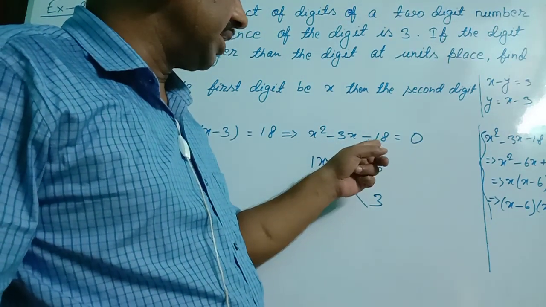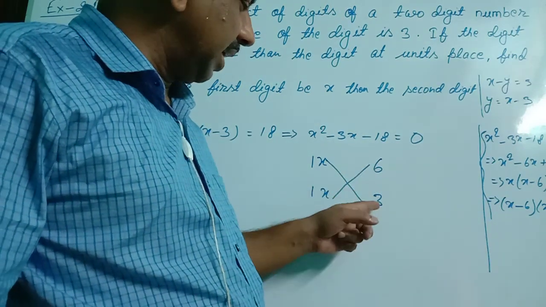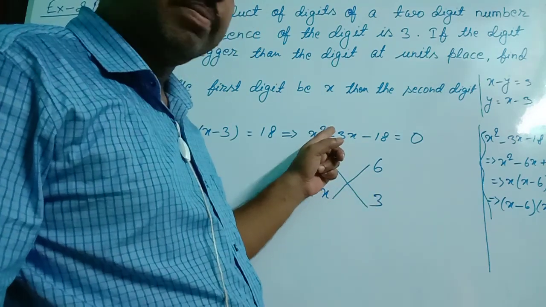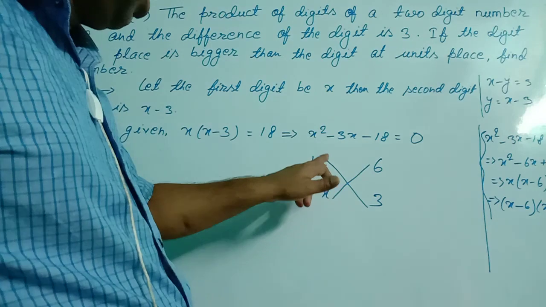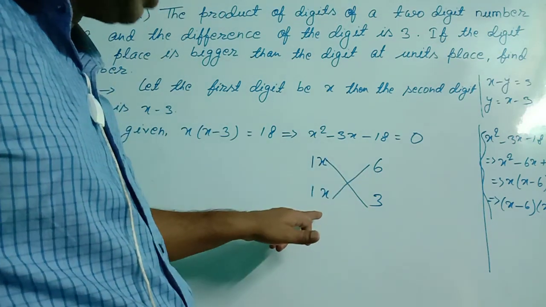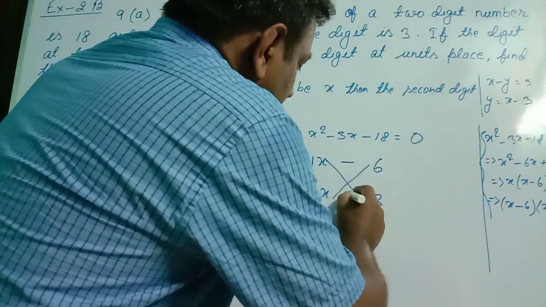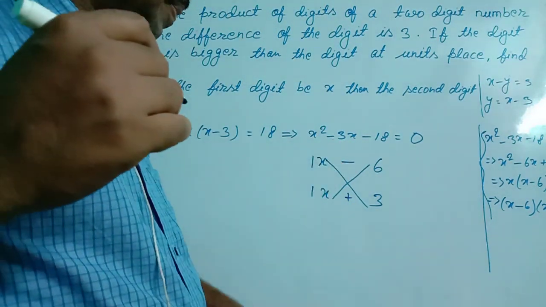Obviously, the split of 18 will be 6 and 3, because minus 6 plus 3 equal to minus 3. After that, we are doing cross multiplication. Then here we will give minus, here we will give plus, because minus 6 plus 3 equal to minus 3.